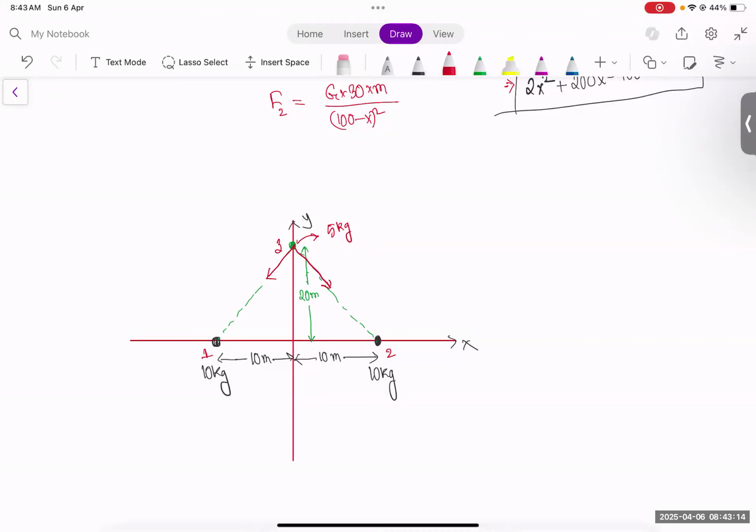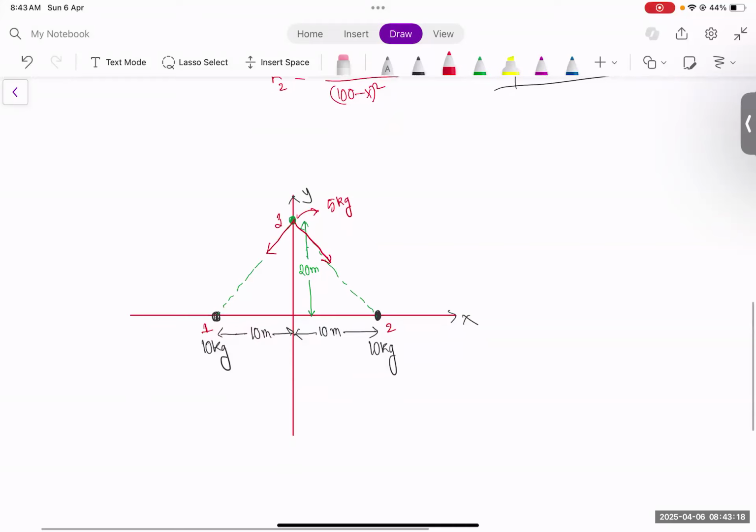And as you can see from symmetry, these two forces will have equal magnitudes. Why? Because distance same, mass same. The distance between these two, so R23, you can clearly see which is this hypotenuse, that will be square root of 20 squared plus 10 squared. And same for R13.